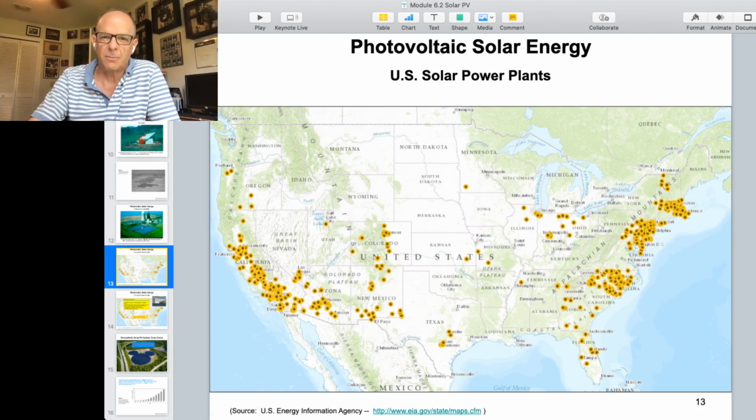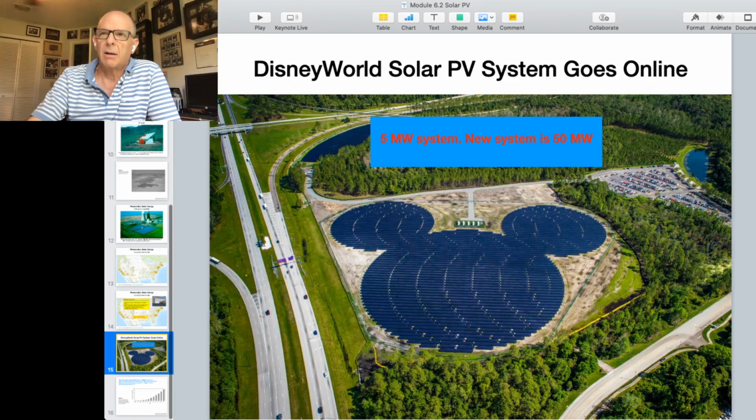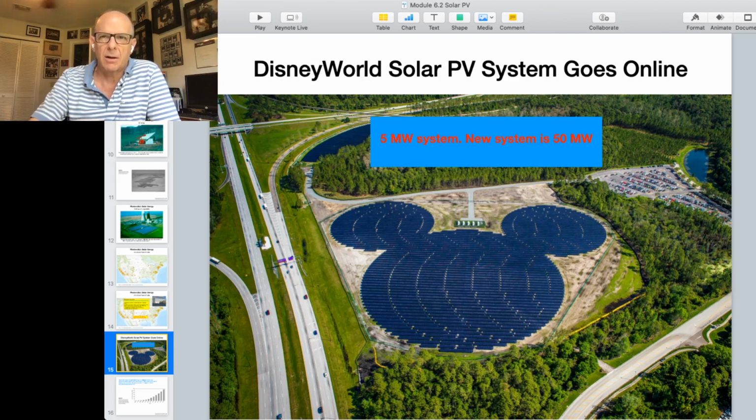And that has to do with political decisions to say we want to have more of those, and not with what the weather actually looks like in those power plant stations. Closer to home, of course, here's a small system at Disney World. A new system has recently come online that's 10 times bigger than this, and there are a number of other systems that have been built in Florida by the local utility companies as well.